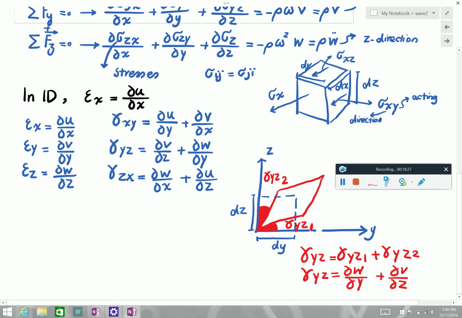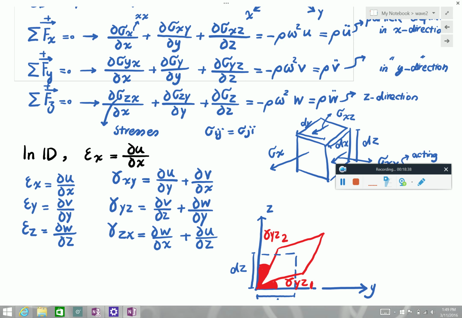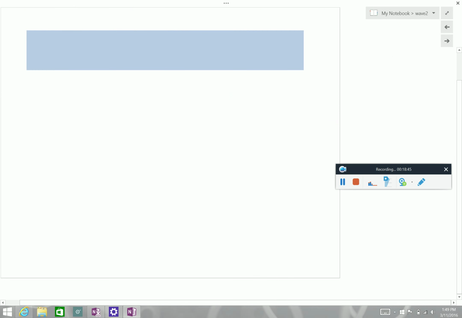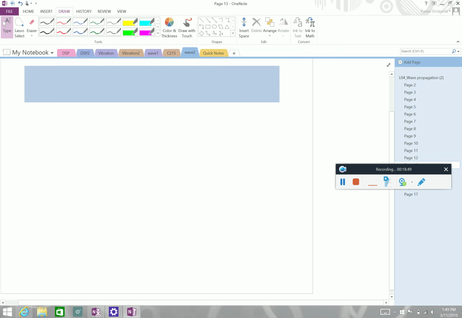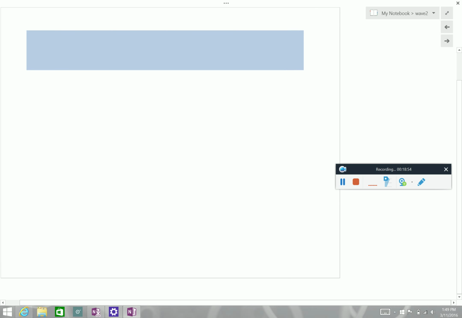Okay, now we are not done yet. We can express strain in terms of displacement, but remember, in the equations we have stress, so the next natural step is to relate stress and strain, which basically takes us back to the material model. In this class so far we just considered linear elastic materials.